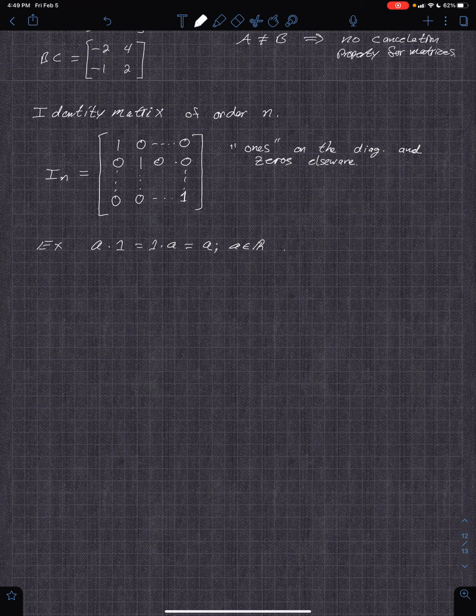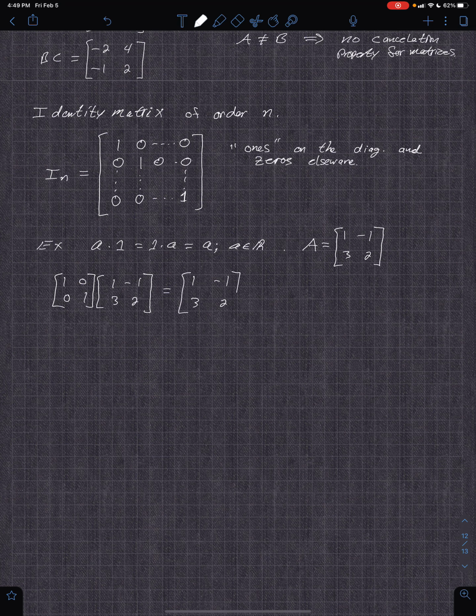So let's just use the matrix A: 1, negative 1, 3, 2. And let's do a product. It'd be 1, 0, 0, 1 times 1, negative 1, 3, 2. Try this on your own. What do you get? You'll see you get the same thing back.